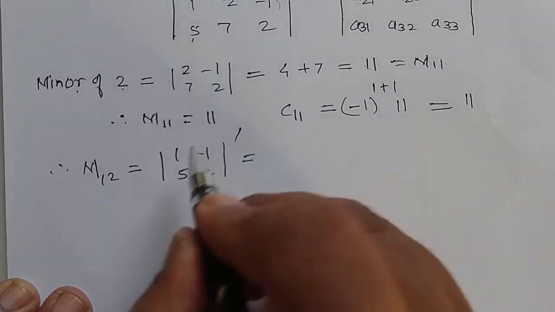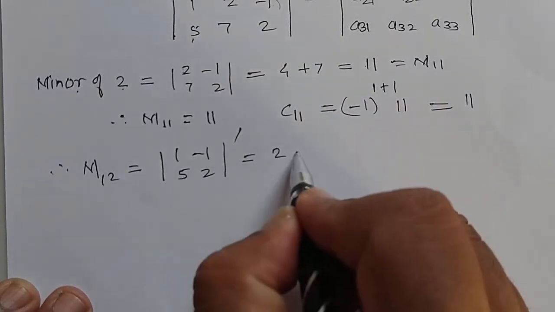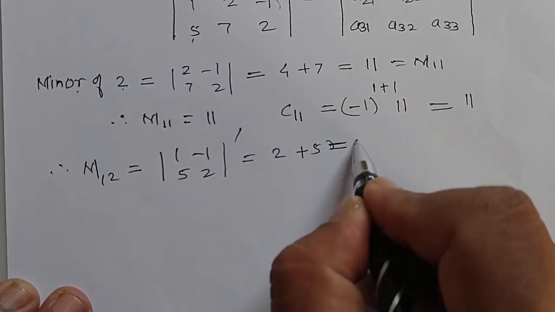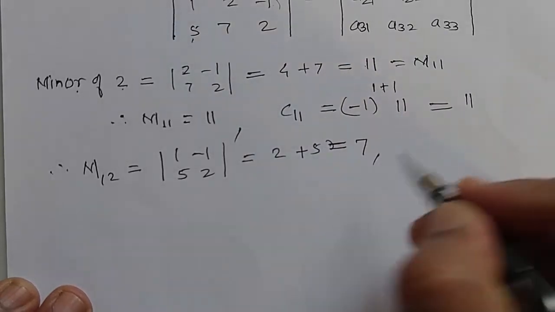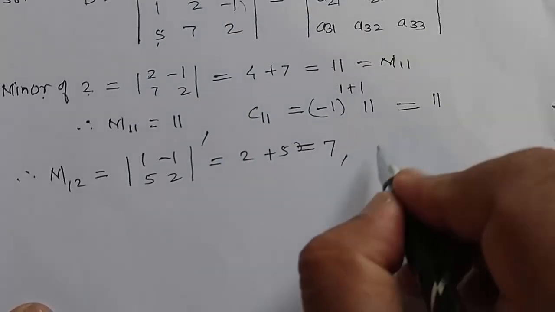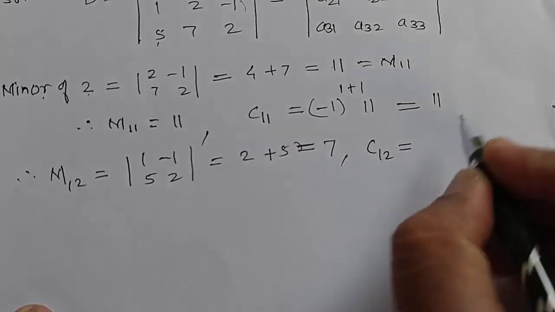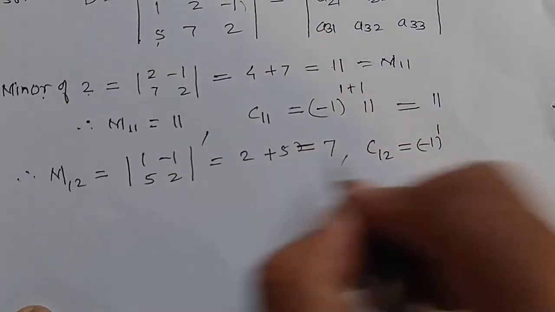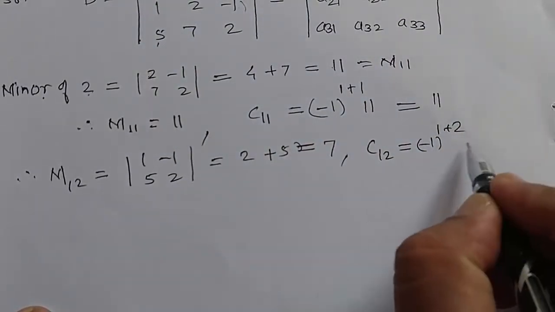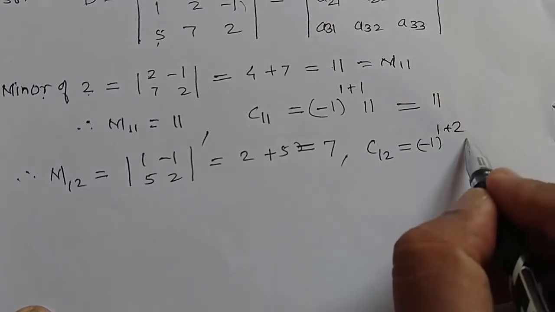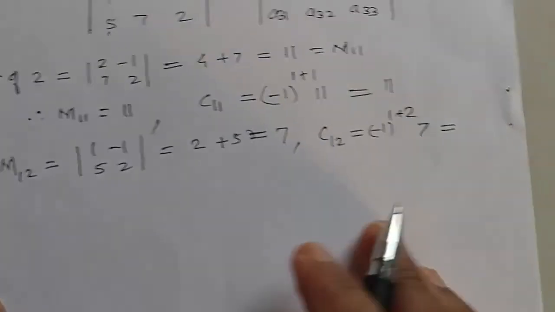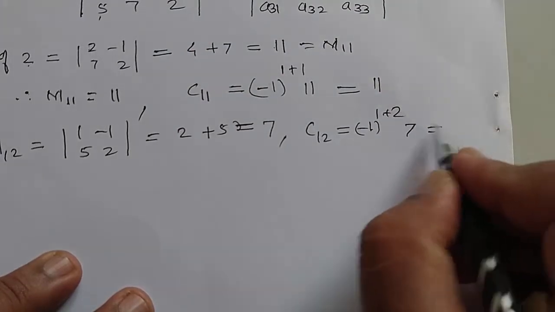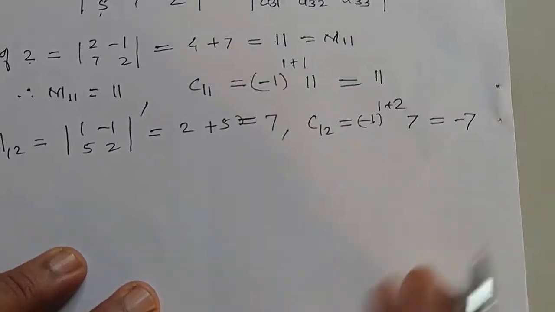So, this is equal to 1 into 2 is 2, minus minus becomes plus 5, so this is equal to 7. And the cofactor C12 is equal to minus 1 raised to 1 plus 2, and its minor is 7. So, minus 1 raised to 3 is negative, so minus 7.